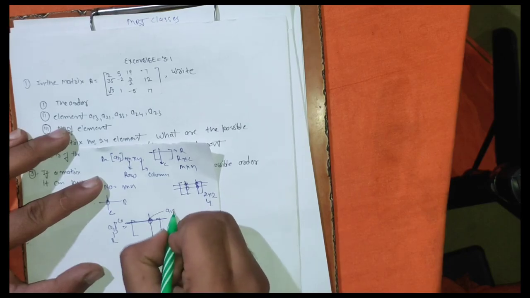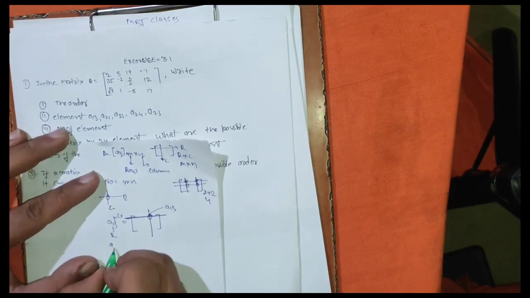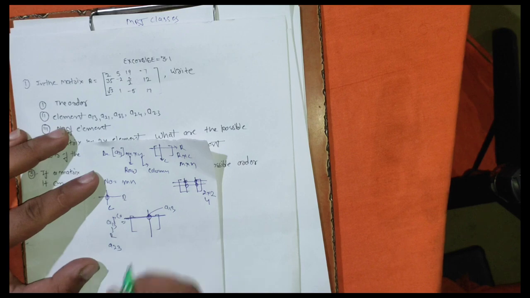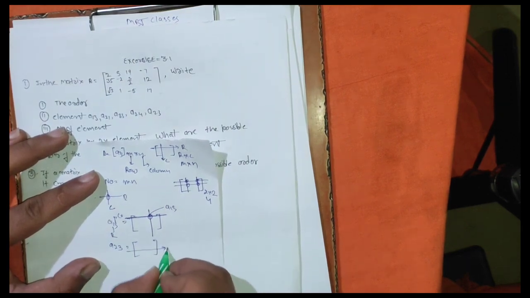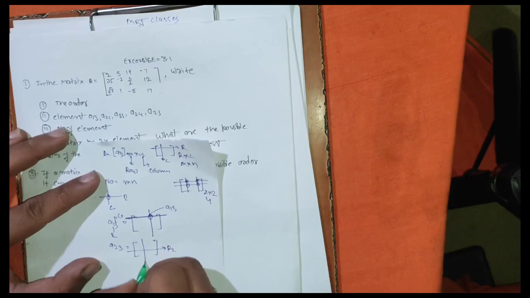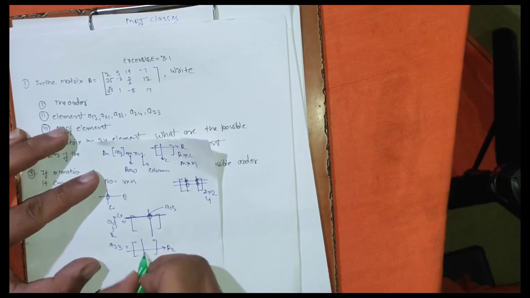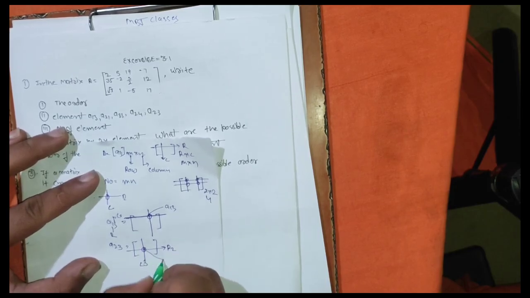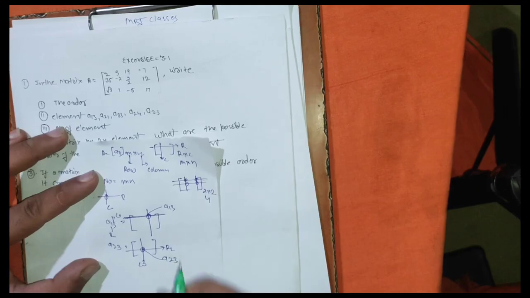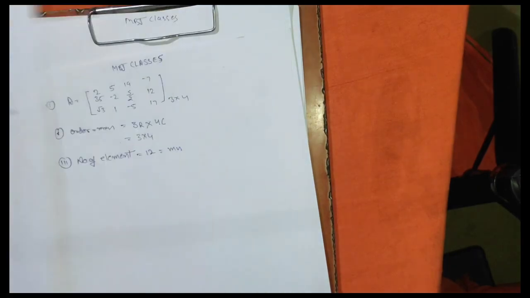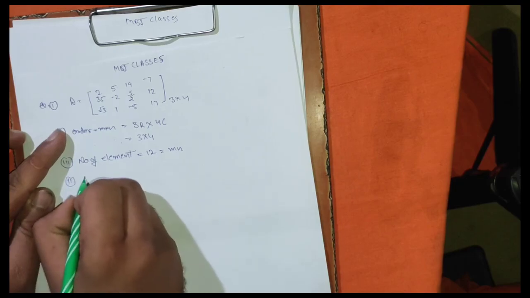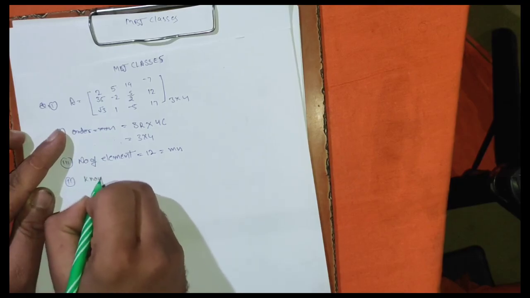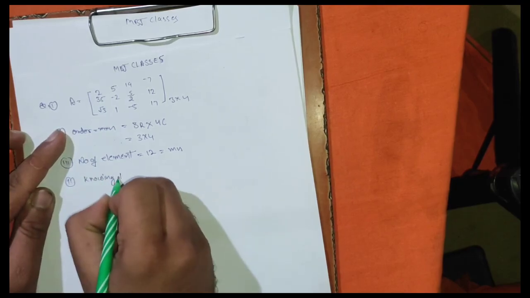Again, if I say a2,3, we talk about the second row and the third column where they intersect, and this point becomes a2,3.